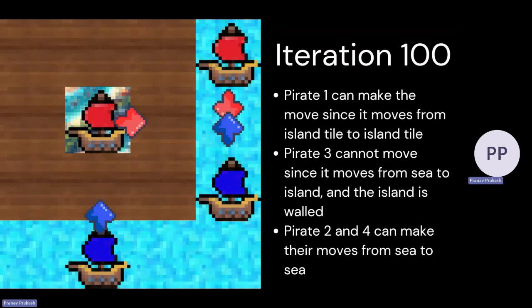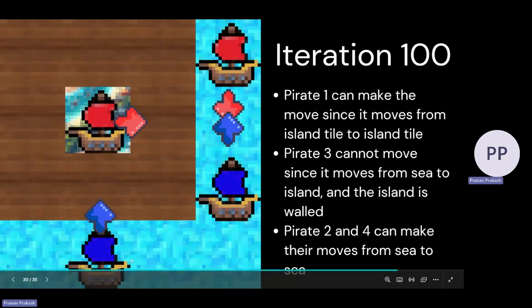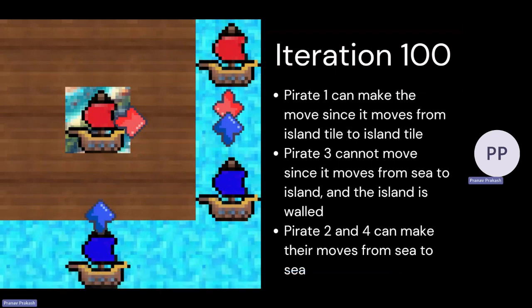In our own example, let's take a look at the blue pirate near the bottom, pirate 3. We see that pirate 3 is trying to move from sea to a walled off island. This is an illegal move, and therefore pirate 3 is not able to make the move that it had planned. In this case, it will stay stuck at the same place where it is. On the other hand, pirate 1, that is the red pirate at the center of the island, will be able to make its move since it moves from an island tile to another island tile.